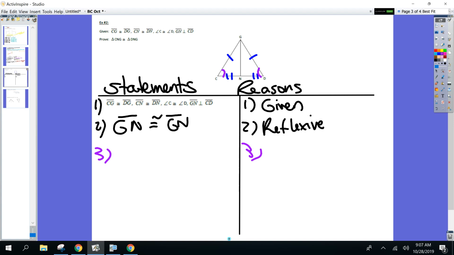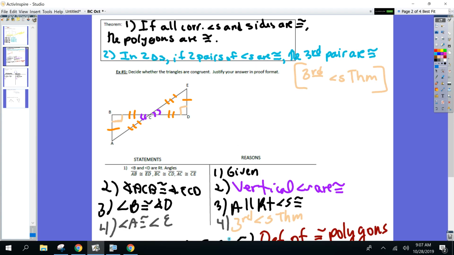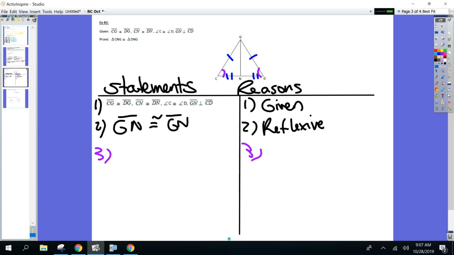Hey, take a look. I gave you that there are right angles here. That's why we said they were congruent right away. But now, did I give you the right angles? No, so you cannot tell me they are congruent until you tell me they are right angles. So we're going to have to go with angle CNG and angle DNG are right angles.